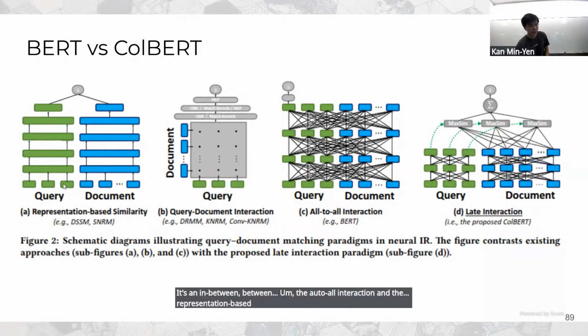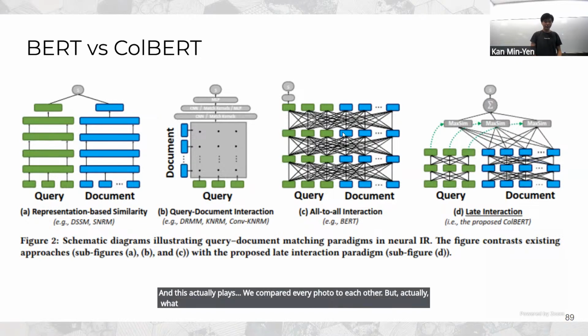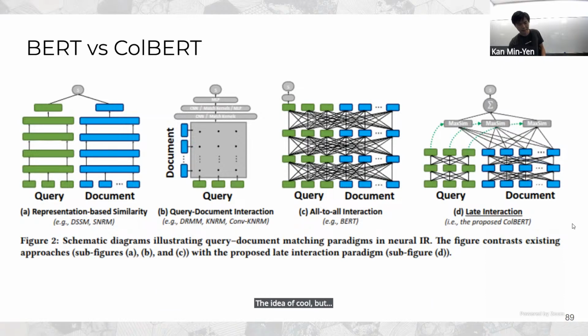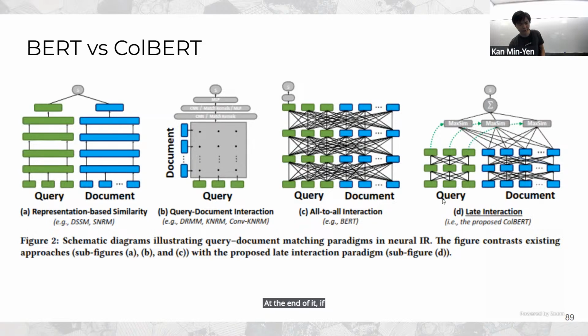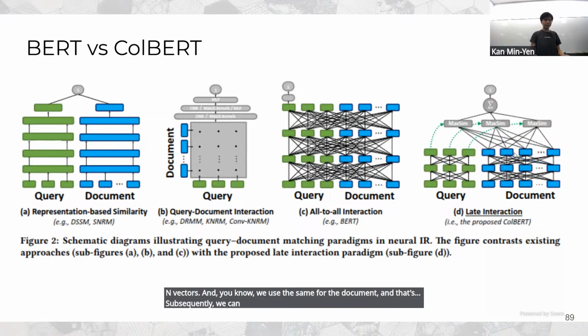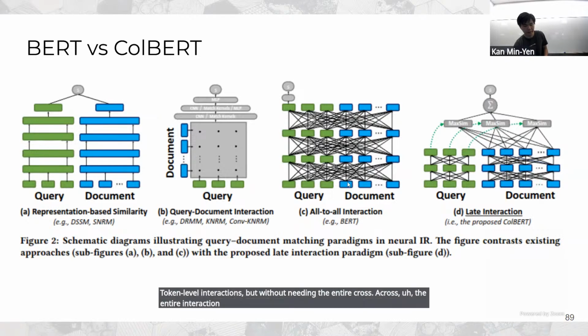representation-based similarity here. So in this extreme case, we take an entire document and turn it into a single vector. In this extreme case, we compare every token with each other. But actually, the idea of ColBERT is that we want to make sure that the query gets to interact with each other, and then at the end of it, if the query is size n, we want n vectors, and we do the same for the document, and then subsequently we can compare token level interactions, but without needing the entire interaction between the query and the document.